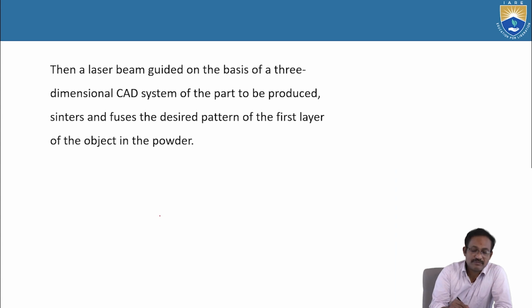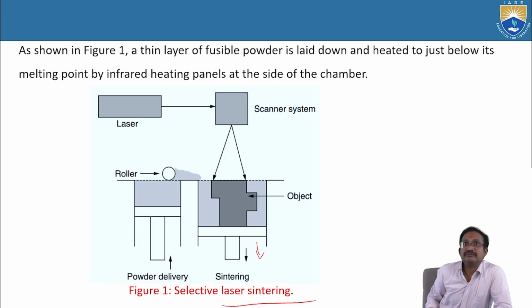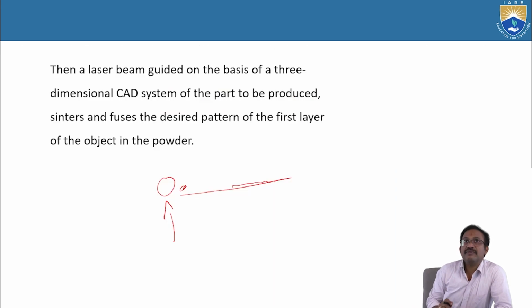One side powder will be supplied, and that amount of powder will be rolled by the roller arrangement so that it is supplied to the previous layer of the object to be made, and it will be fused with the laser setup.